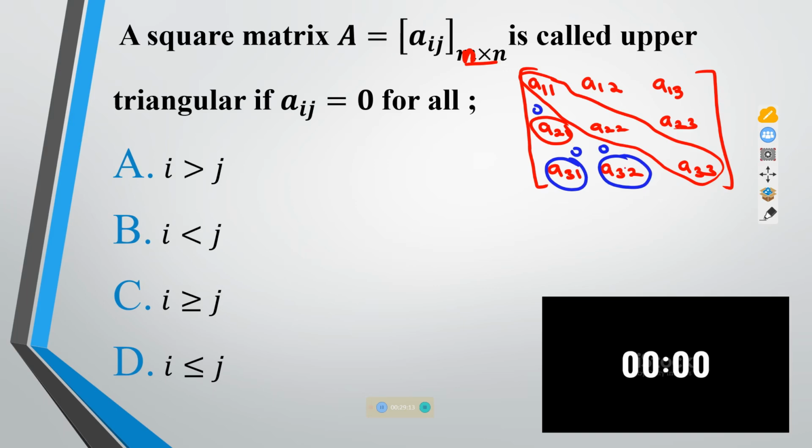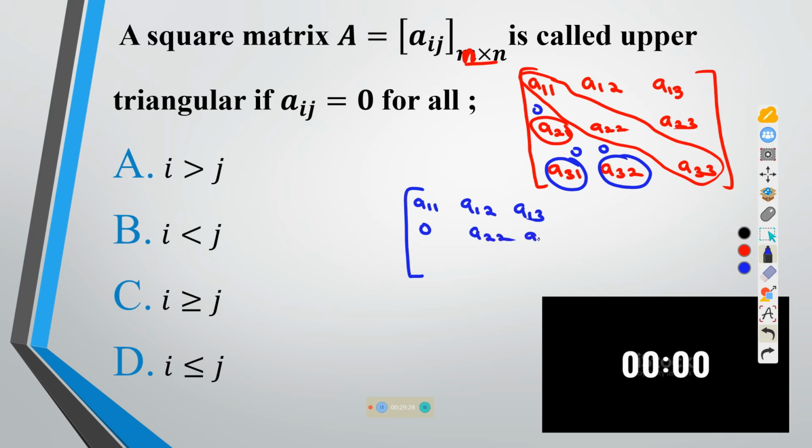When these are zeros, we have an upper triangular matrix: A11, A12, A13, 0, A22, A23, 0, 0, A33. This matrix, where the entries below the main diagonal are all zeros, is what we call an upper triangular matrix. They are asking, a square matrix A, which is an n by n matrix, is called upper triangular if Aij is equal to 0 for all.